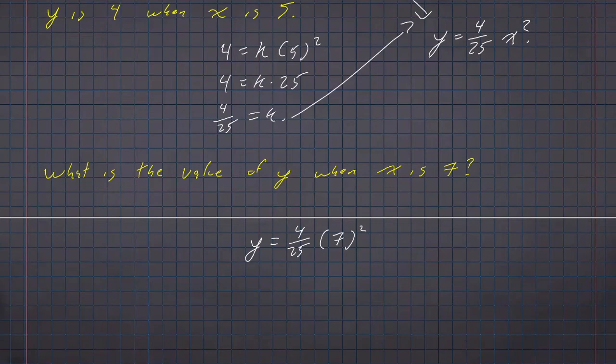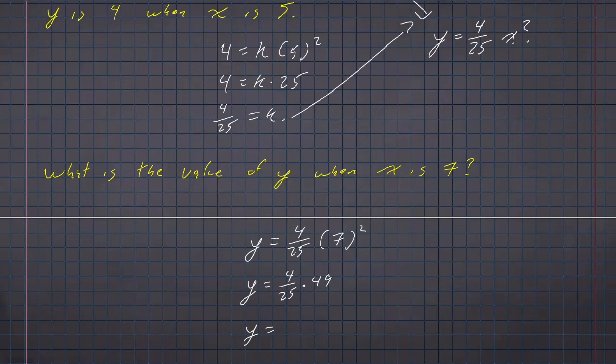7 squared is 49. And 49 times 4 is, let's see, 4 times 4 is 16. 9 times 4 is 36. 160 plus 36 is 196.